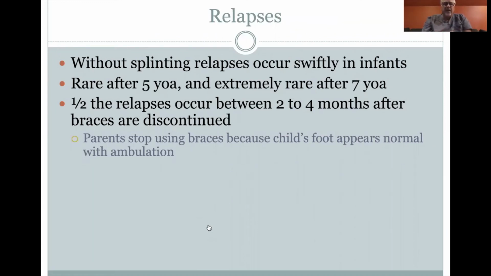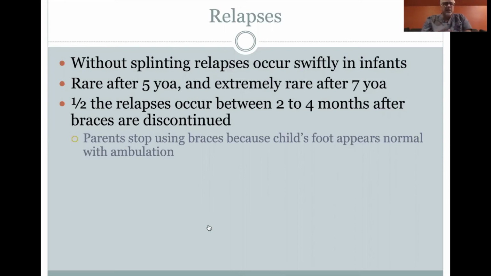Once you get to about 5 years of age, relapse is pretty rare, and it's extremely rare once you get past 7 years of age. So it's important to monitor these kids throughout the years to make sure they're not getting any recurrence. Half the relapses occur between 2 to 4 months after braces are discontinued. A lot of times, parents stop using the braces because the child's foot appears normal, both non-weight bearing and weight bearing, so they think everything's fine and they can move on.